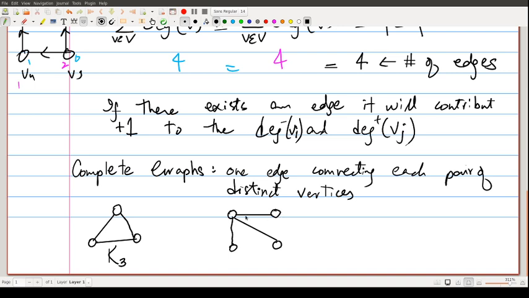Then for the next one, some edges exist already, so I draw the remaining ones, and finally I connect the last pair. This is K4, a complete graph of 4 vertices.